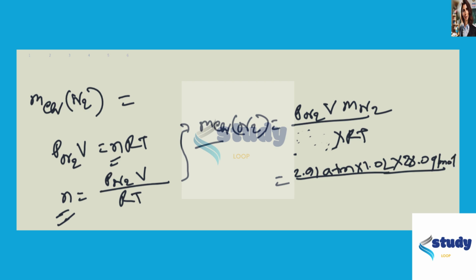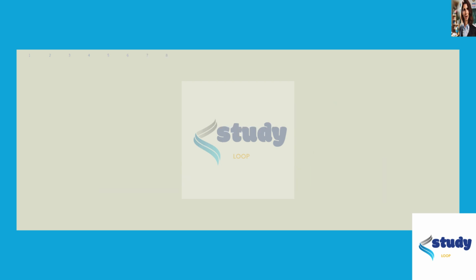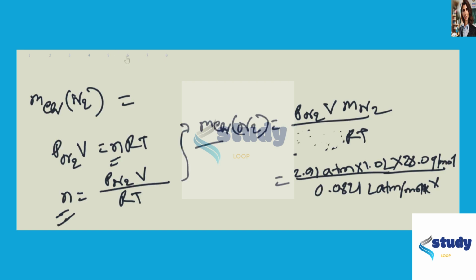And in the denominator we have R and T, so the value of R is 0.0821 liter atm per mole Kelvin, times the temperature, which is 573 Kelvin.